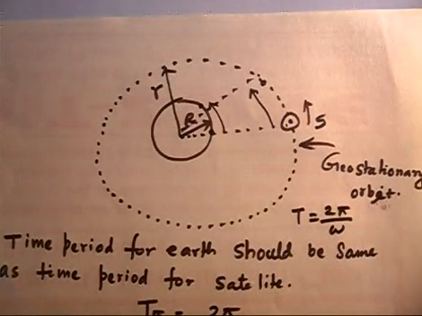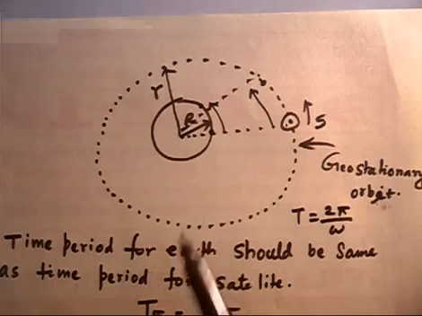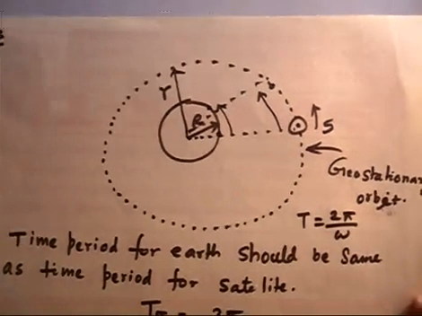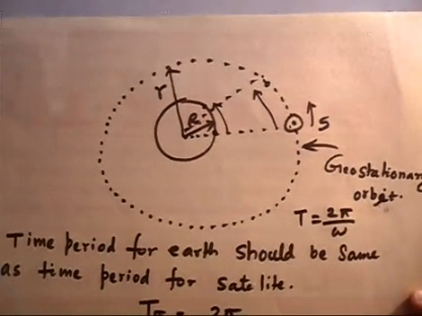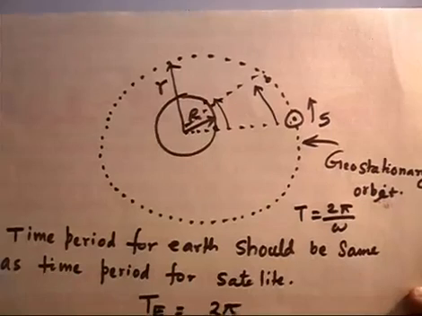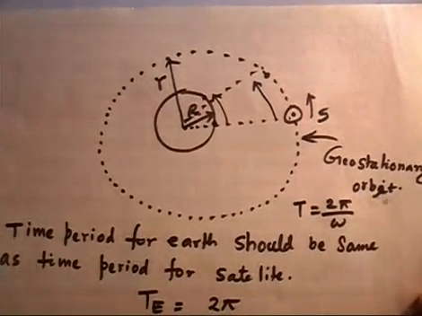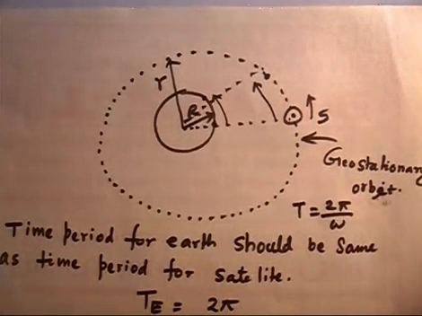Now let us try how you will find the radius r. I will give you a hint. Find omega first and then use our equation of motion for circular motion, that is, force equals mass into acceleration. I will wait for 2 minutes. Just pause your video and do some calculation.